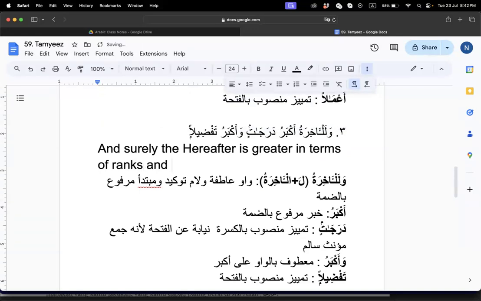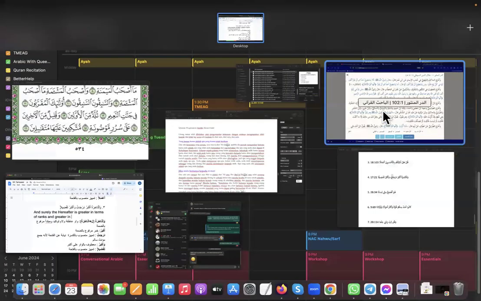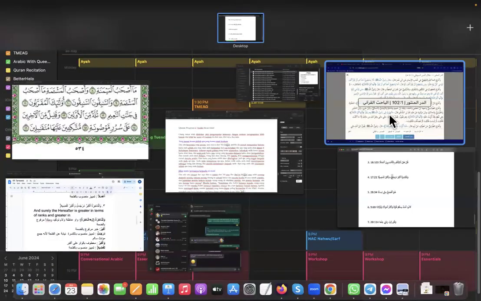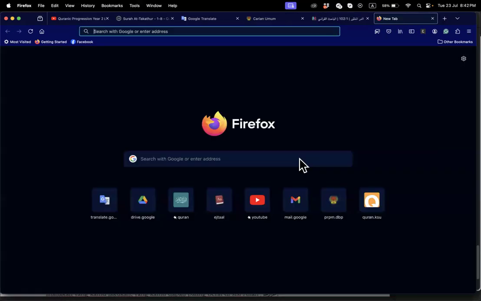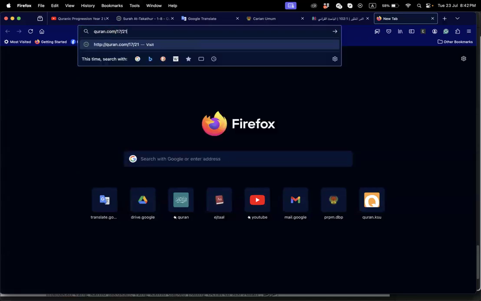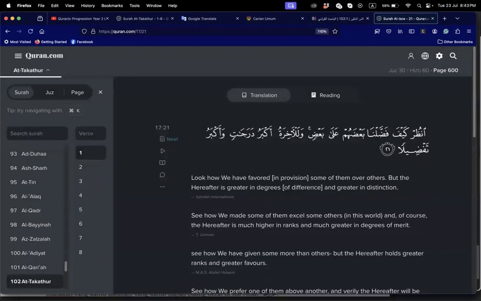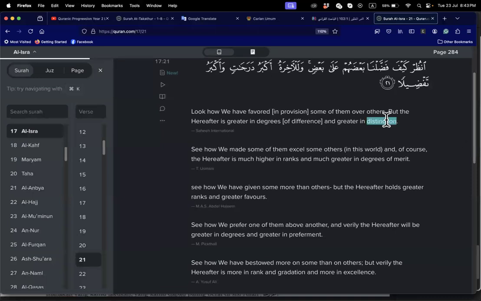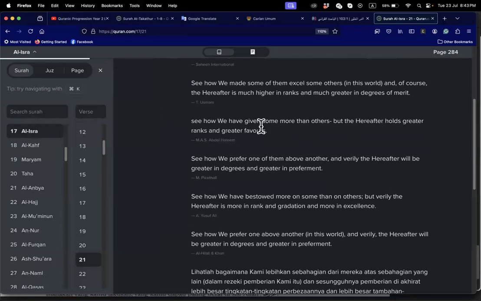So wa akbaru tafdilan: greater in what? Tafdil is what? I want to say preference. Let's see how they translate this. Preference, yes. Tafdil is actually about preference. Distinction, merit, favors also.